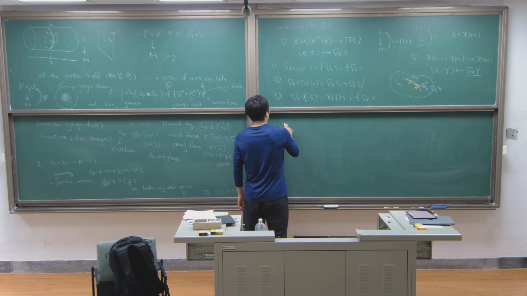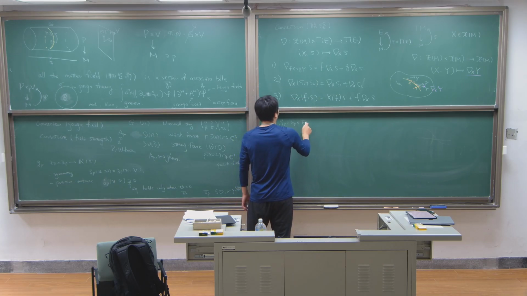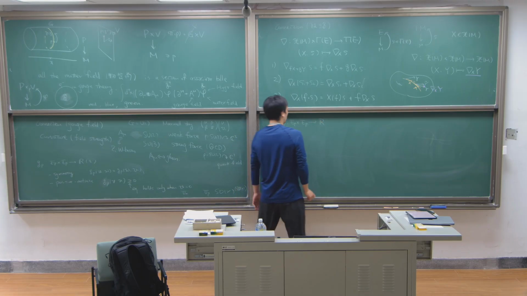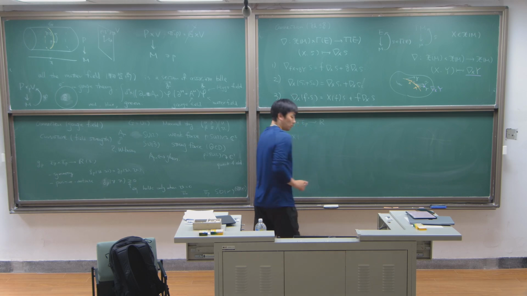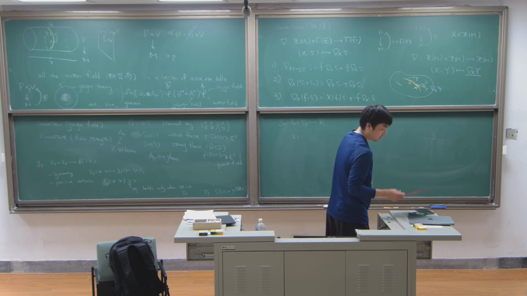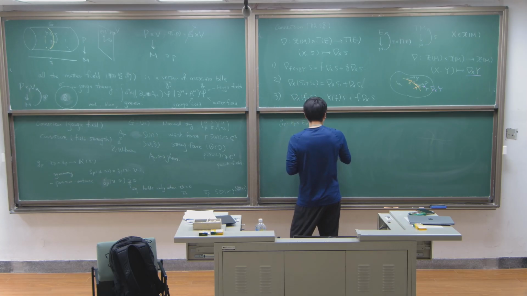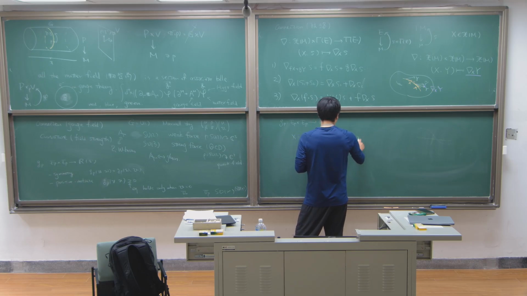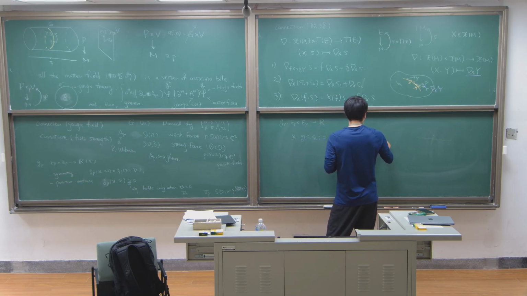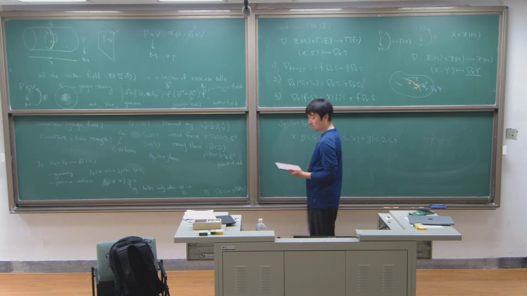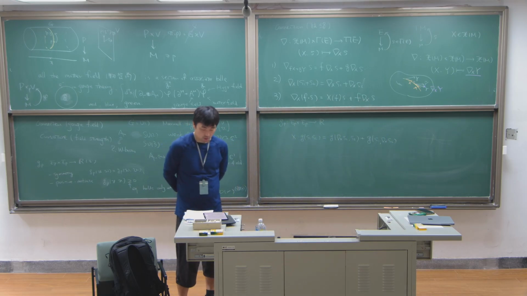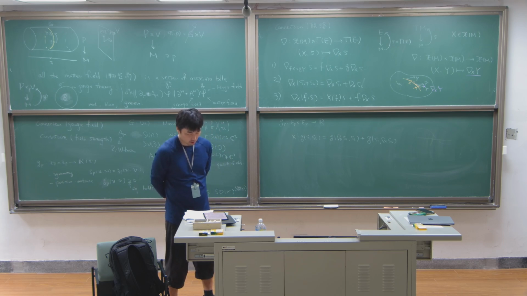If you have a metric like this way on the vector bundle, so the compatible metric, the connection compatible with the metric is as follows. Okay, that's the case.